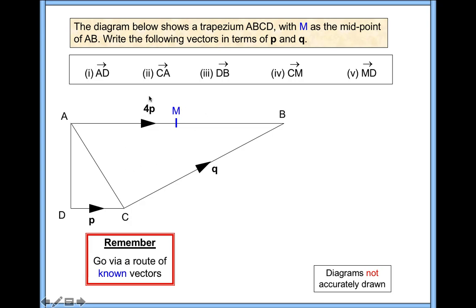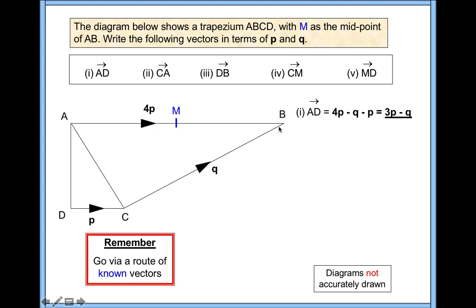Now students, we will speak about vector AD. AD means from A to D. You have to go via known routes only. So vector AD will be vector AB plus vector BC plus vector CD. That will be 4P plus negative Q plus negative P. Why negative Q and negative P?